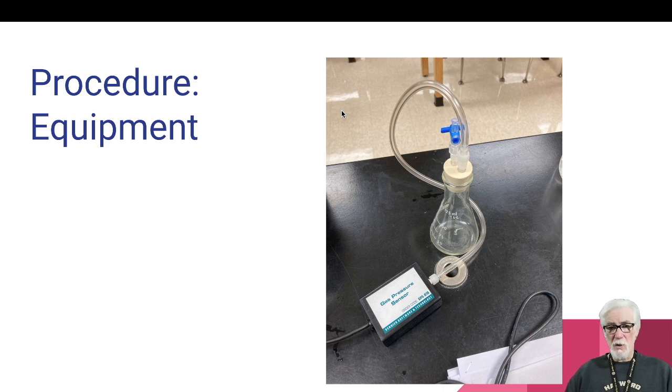One of the holes will just be plugged up with a valve that's closed, and the other hole will have a tube coming out of it that will attach to our gas pressure sensor so that we can measure the pressure as we change the temperature of the gas inside without the volume changing. Once we seal up both ends of that hose that connects the pressure sensor to the flask, we will no longer have any increase or decrease in particles, and so that will remain constant as well.